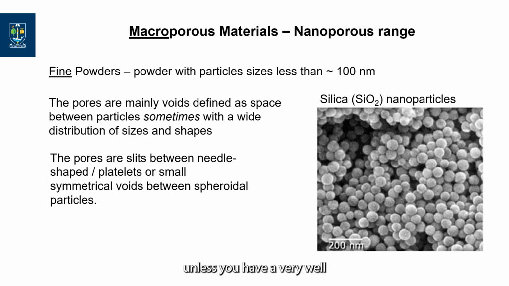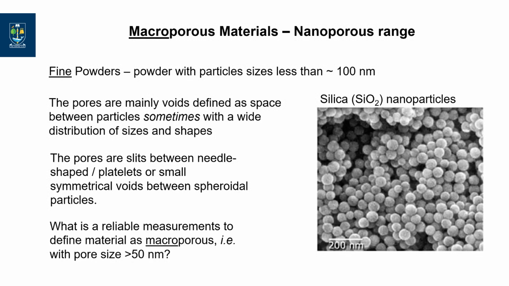Unless you have very well-organized nanoparticles like the silicon nanoparticles displayed in the image, the pore sizes may have a huge distribution of sizes and pore shapes can be widely different. For example, needle-shaped or cylindrical pores are possible when fine powders are made of platelets.